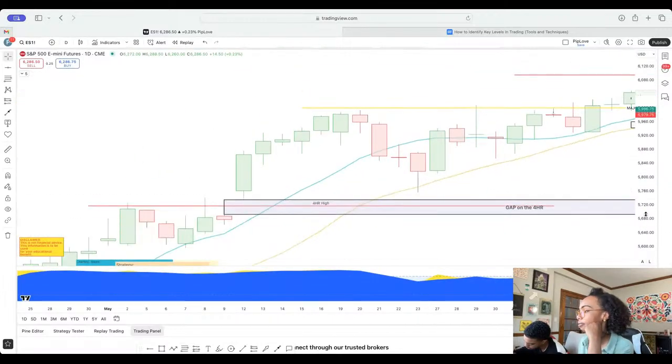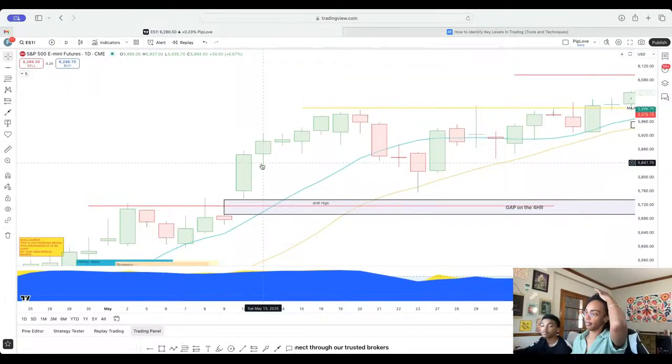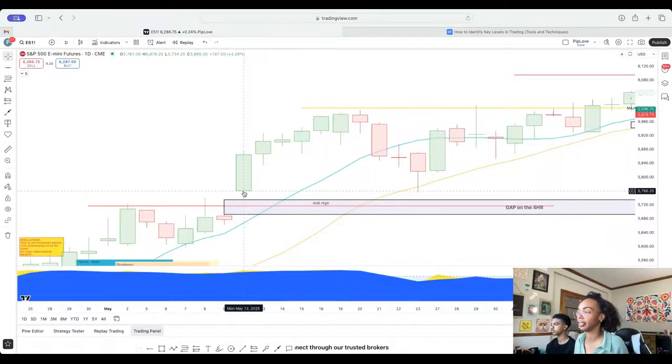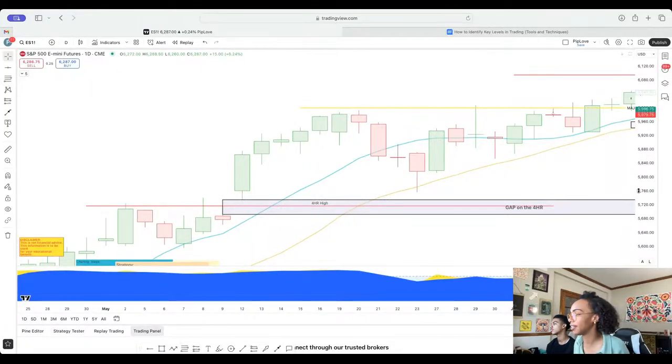Okay, so let's just say we were back here on Monday, May the 12th. This was our daily candle. This price point, 57.60, was the previous day candle open.